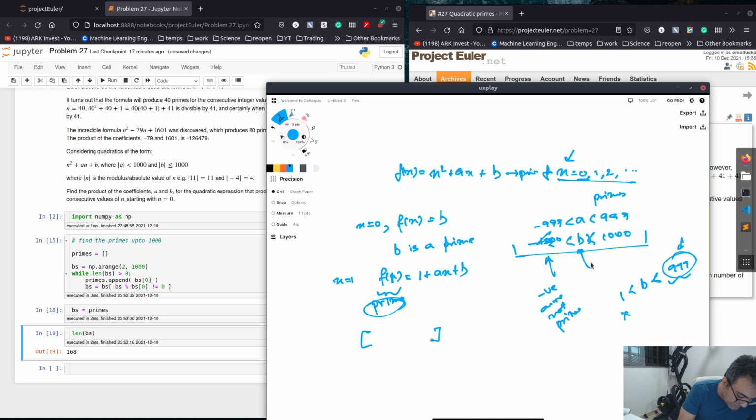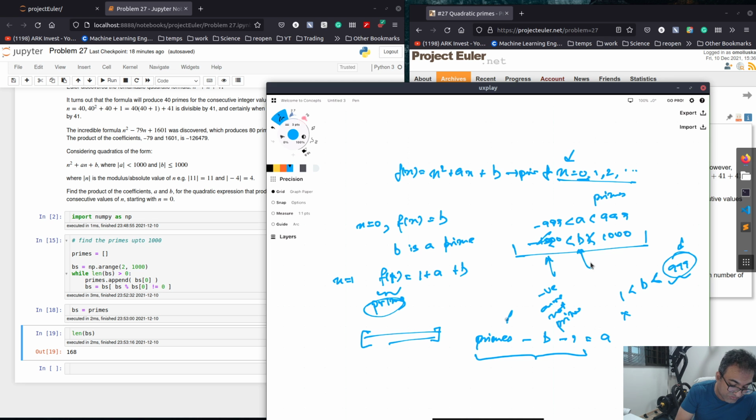So I'll have primes minus b minus a n, where n becomes 1. So primes minus b minus 1 is equal to a. So a, we only need to search within this space.